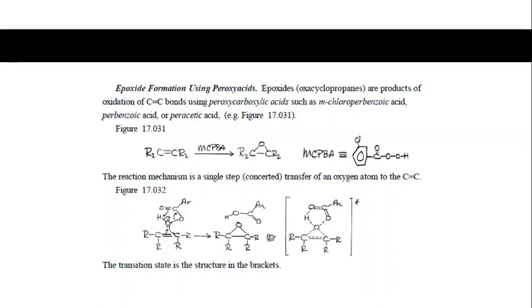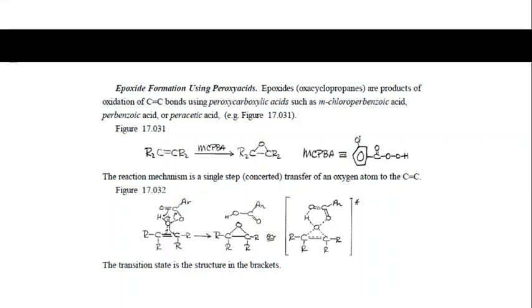For this purpose, we use peroxy acids like perbenzoic acid or perchloroacetic acid, and various types such as metachloroperbenzoic acid. These are a number of reagents that we can use as the oxidizing agent for bringing about the oxidation of the double bond.